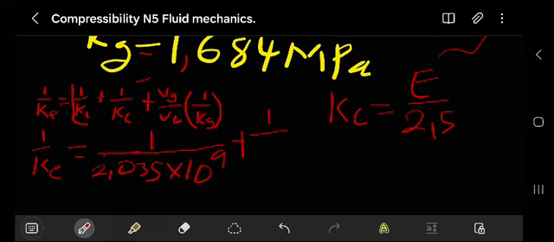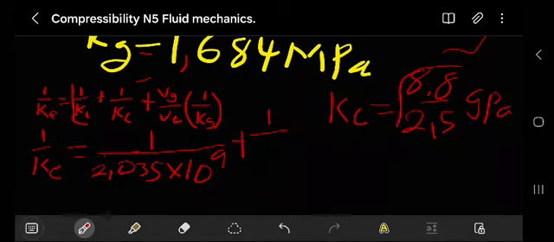Then Kc, we can simply substitute here. It will be 8.8 gigapascal. This will be in Pascal.